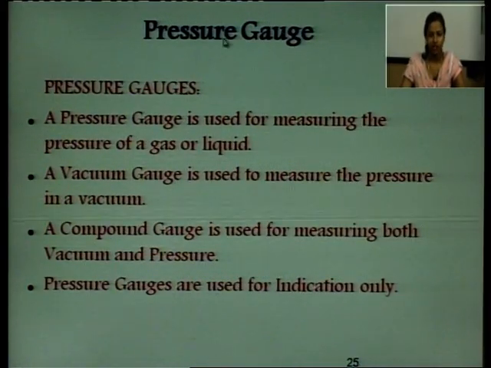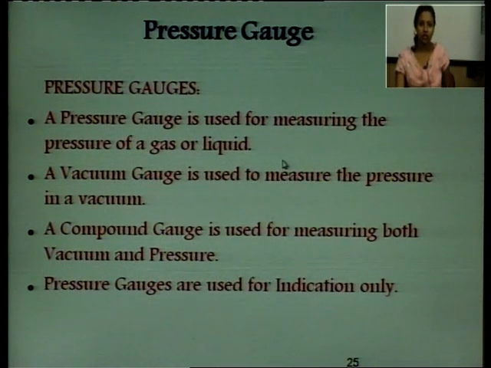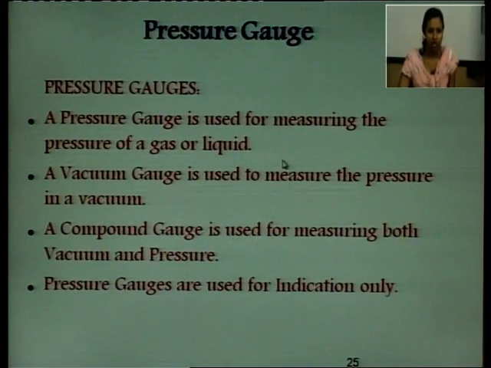So now we will define pressure gauge. Gauge means any measurement. A pressure gauge is used for measuring the pressure of a gas or a liquid or any fluid. A vacuum gauge is used to measure the pressure in a vacuum. A compound gauge is used for measuring both the vacuum and pressure.